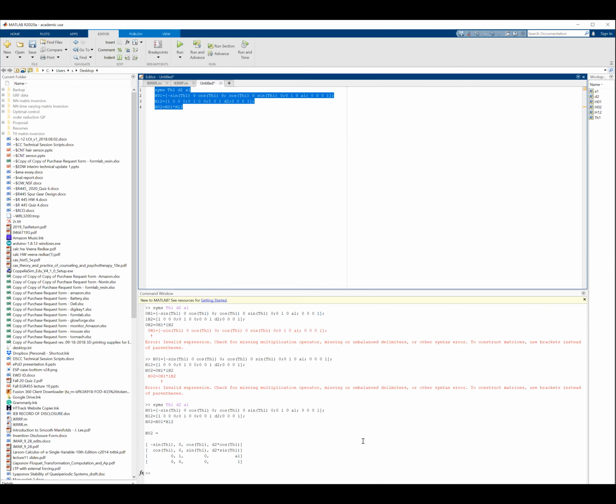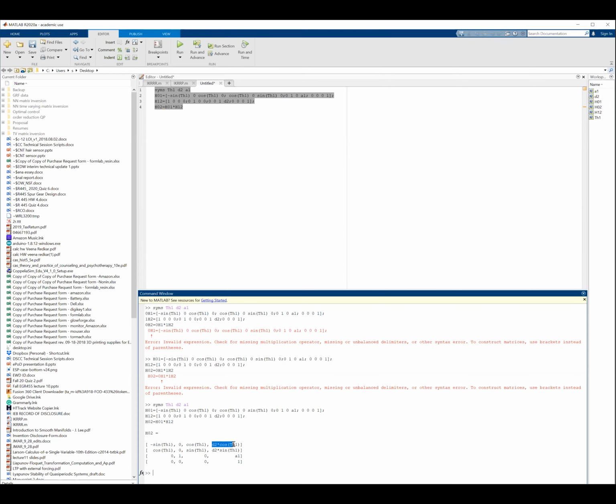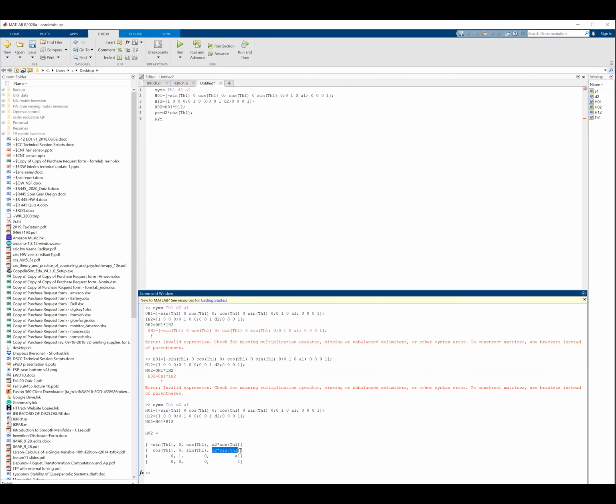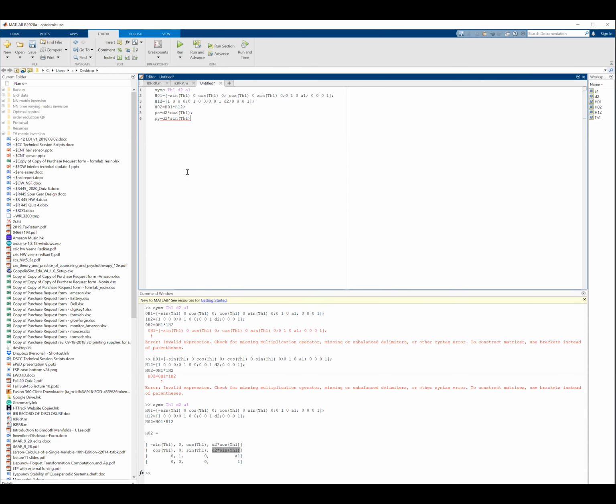Now this is what we have, and please notice I got the expression for 0h2. Now this is my px, so I'm going to write px equal to, copy and paste it over here. Then py equal to, copy and paste it over here, and pz equal to a1.